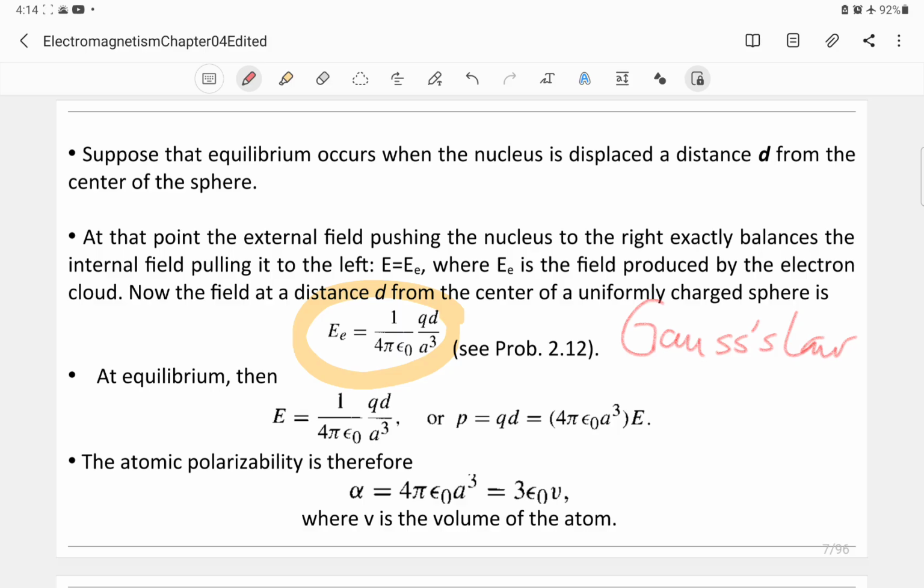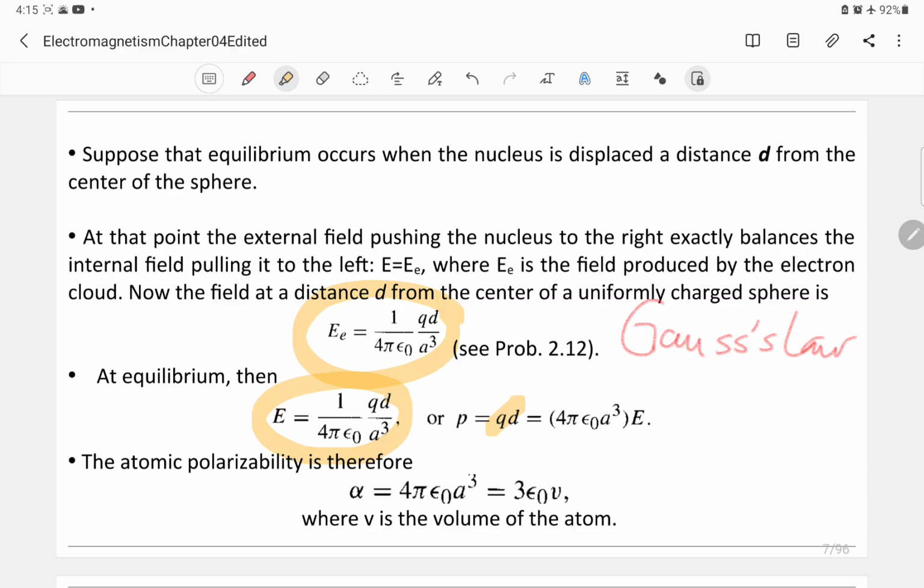So at equilibrium, since the external field and the field produced by the electron cloud are equal, you have the electric field here, but we have defined the dipole moment to be Q times d.